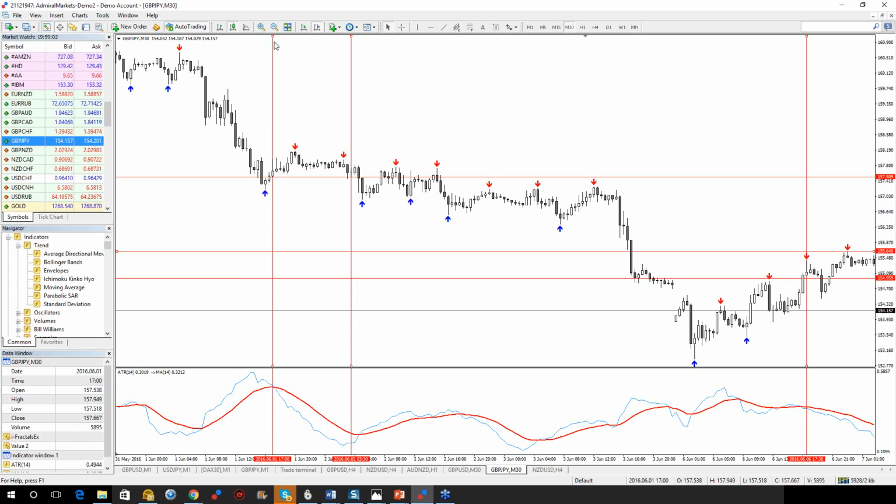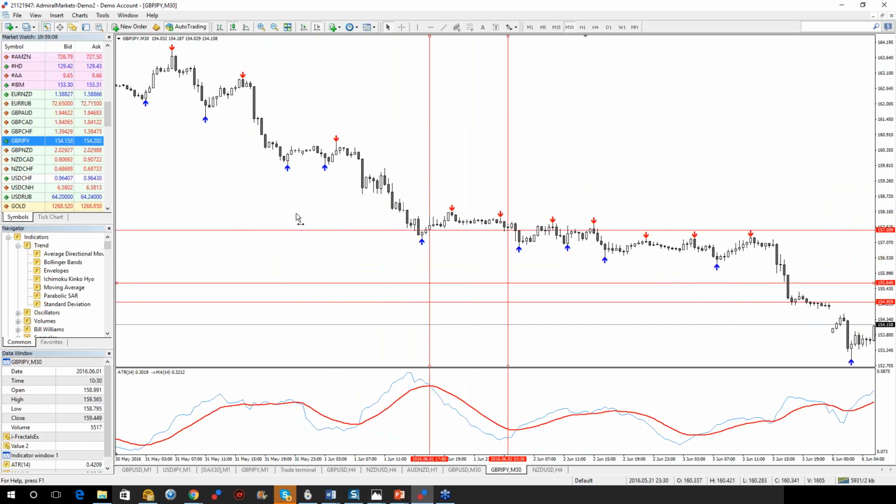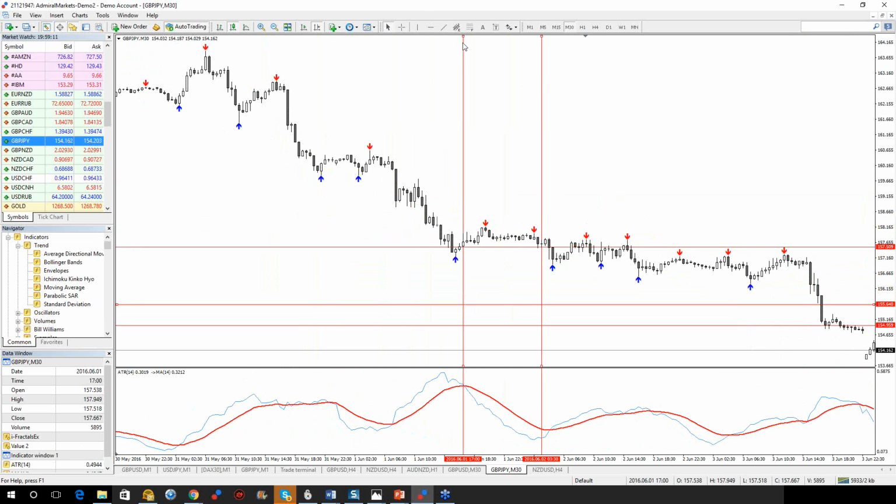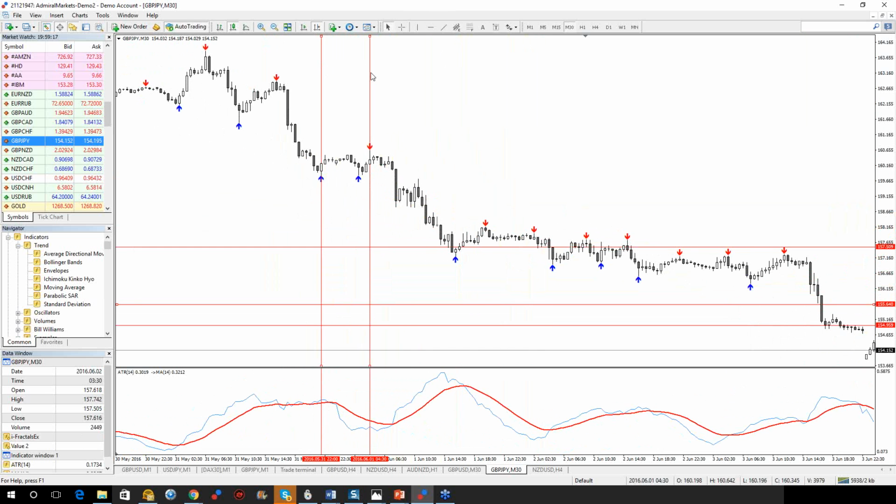It can be that it is touching, but you see there is no touch here. There is no touch here, so we need to be clear with the rules. Here we have it, okay, it's touching, it's sitting on it, and here, this is swing high, this is swing low.